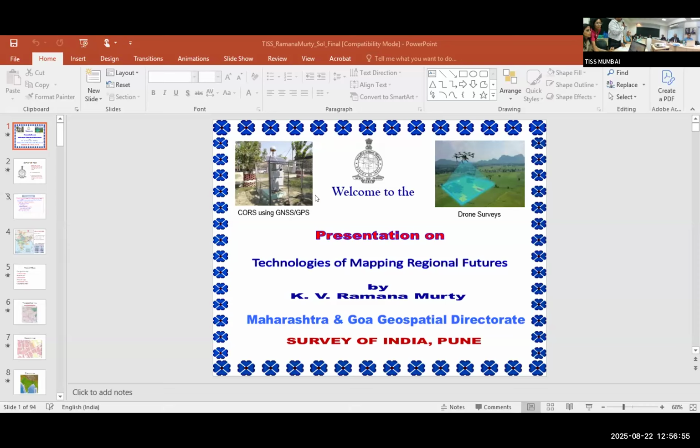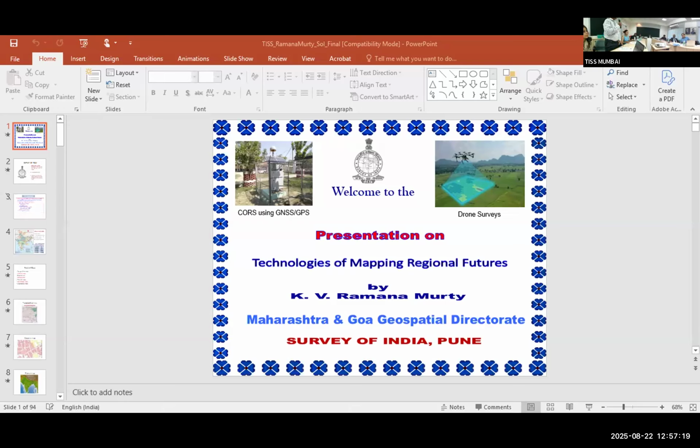But as of today, the accuracy of that system is not acceptable to cadastral standards, meaning revenue standards. We require it because land is very costly, and nowadays for a very small inch of land people will fight. The accuracy we are able to get from the IRNSS system is only up to 20 meters.